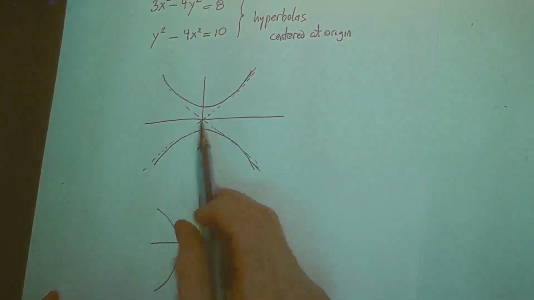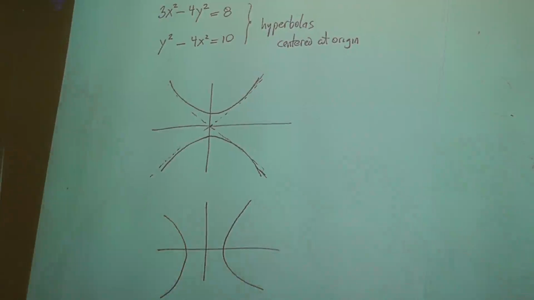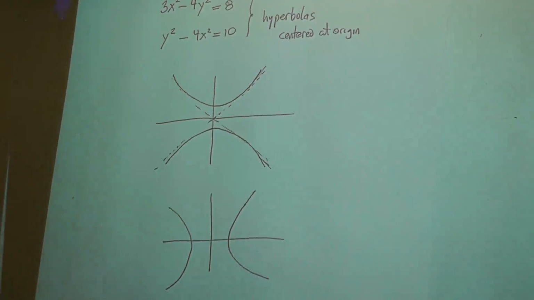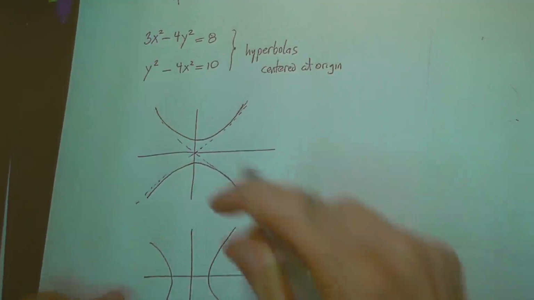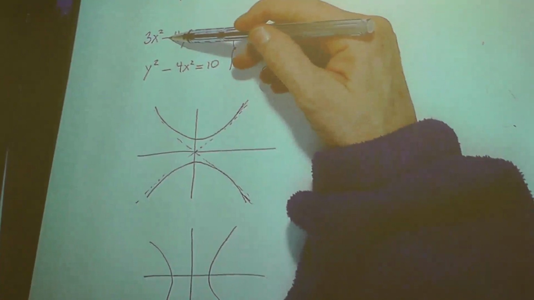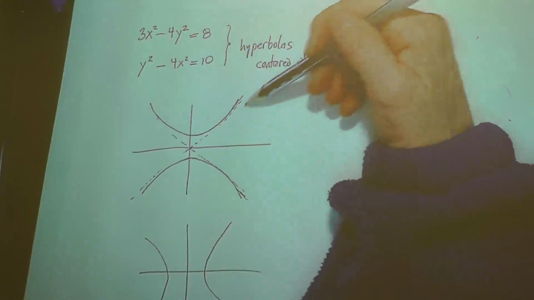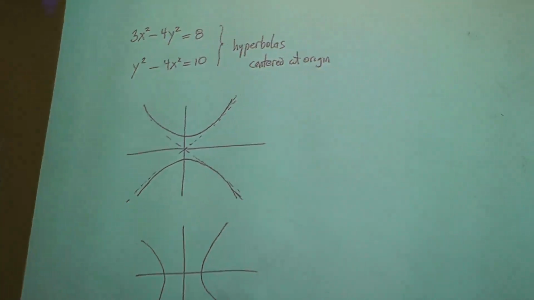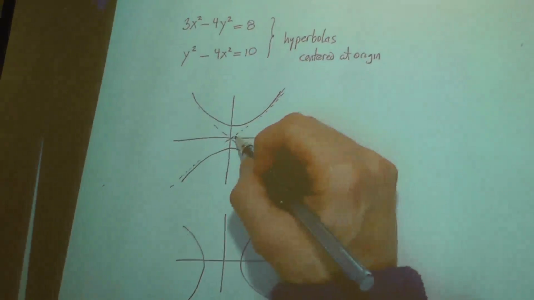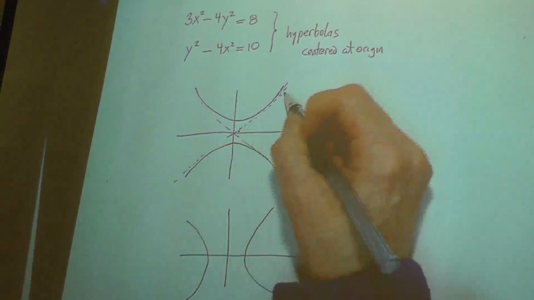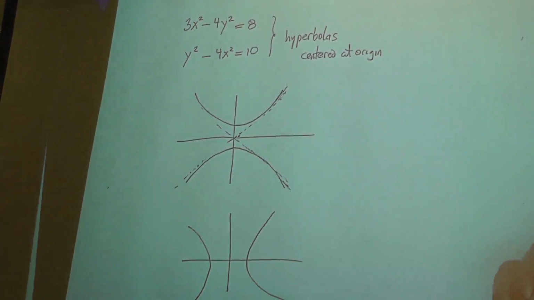If there are linear terms, they're translated over somewhere. Completing the square would pull them back. Depending on which of these is positive and which is negative, they're going to go up and down or left or right. Depending on their coefficients, you can get the equations of this line.